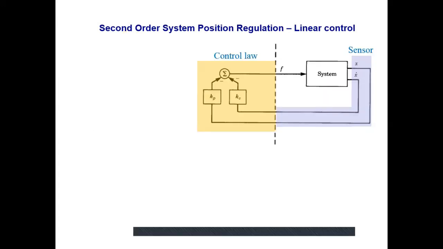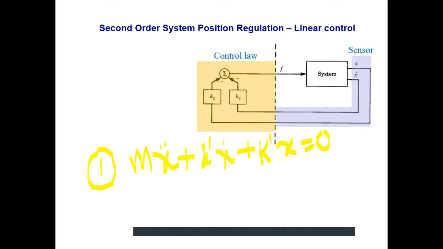In this method, we should remember two observations. The first observation is that the closed loop system response is m x double dot plus B dash x dot plus K dash x is equal to 0.